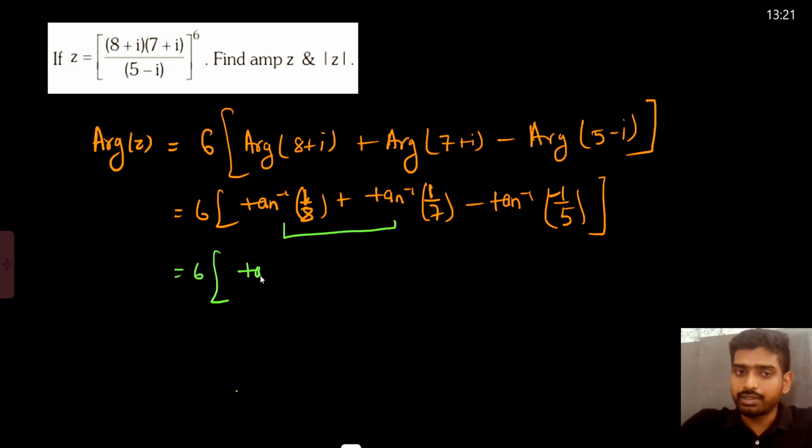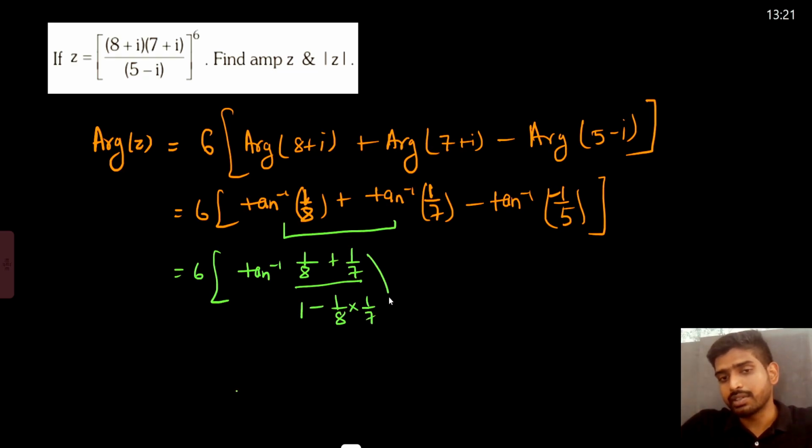Here we can write 6 times tan inverse of (1 by 8 plus 1 by 7) divided by (1 minus 1 by 8 multiplied by 1 by 7). Got it? The minus minus will become plus when I take this minus out, so it will be plus tan inverse 1 by 5.